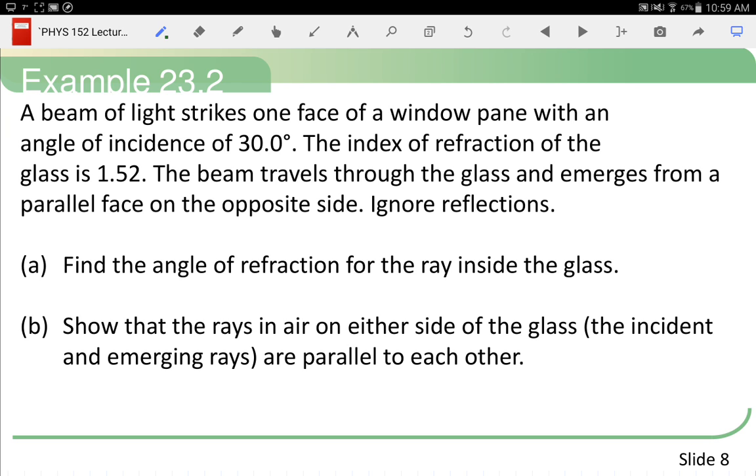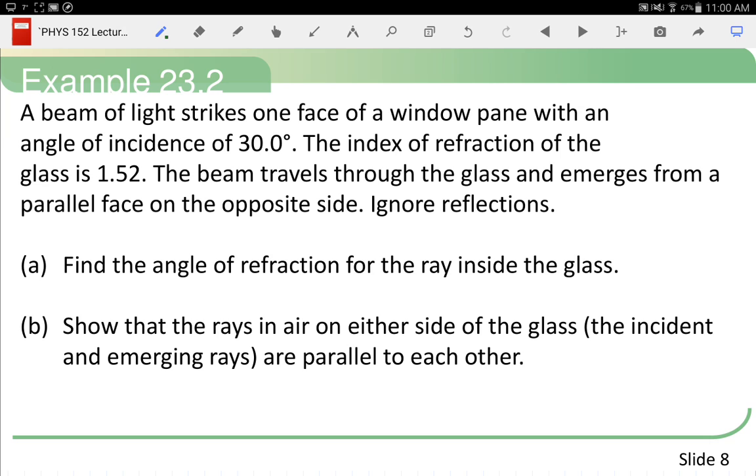Now, it turns out that in this case, I probably have about 5% of the light that's reflected off of each surface. So the intensity of this one here, the first one, is about 5% of the intensity of this light here. So I had about 95% that goes through. About 5% of that 95 is reflected back, which is pretty close to 5% still, right?